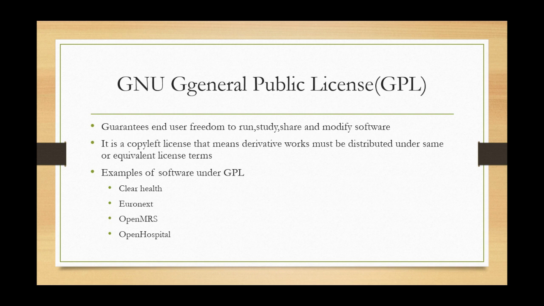Starting with GNU General Public License, GPL. This is a series of free software licenses. As you remember, in the last videos, we talked about free software and open source software. And we said that literally all open source software is free software. So GPL is a series of free software licenses that guarantees end users the freedom to run, study, share, and modify the software.